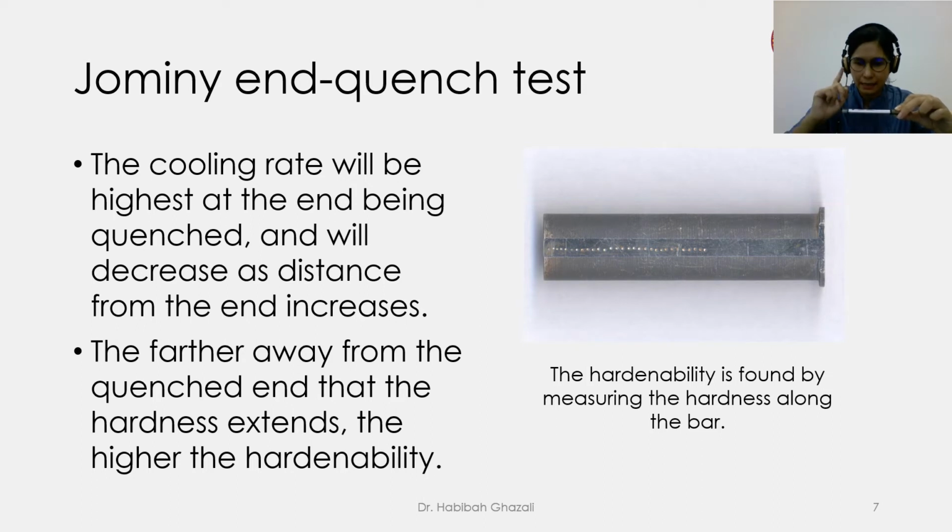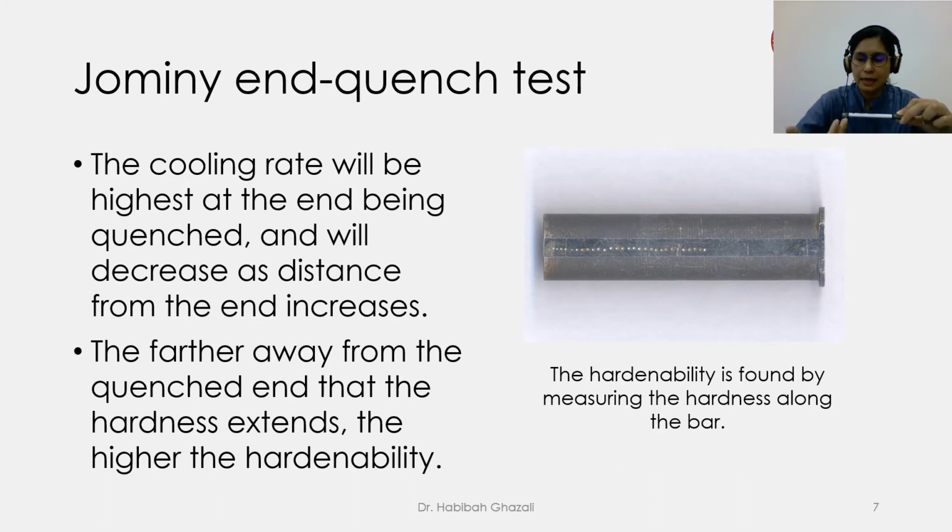If the material has higher hardenability, it will have a hardness value that is the same or almost the same from the quenched end towards the other end, meaning that even at a very slow cooling rate it can still maintain that hardness value. Materials with lower hardenability will give hardness data that varies along the length of the bar.